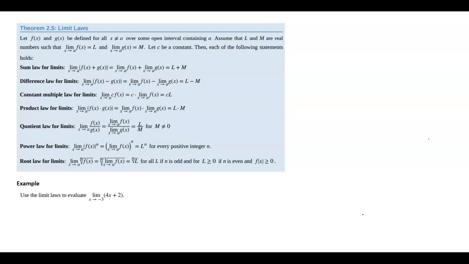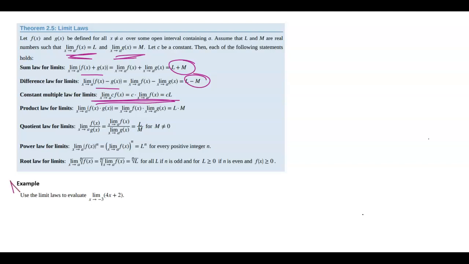If we know that this limit is L and this is M, if we want to add the functions, you can just add L and M. If we want to subtract these two functions, you can just subtract their limits. If you have a multiple, then you can just take that multiple outside of the limit and do c times that limit value.